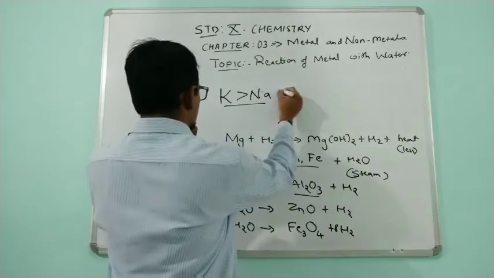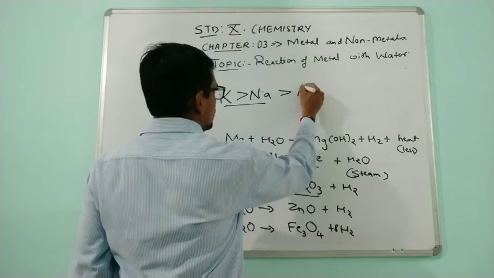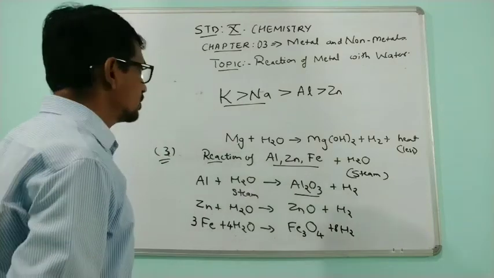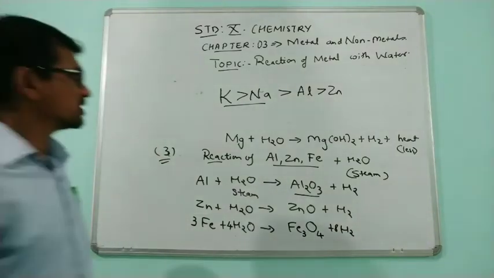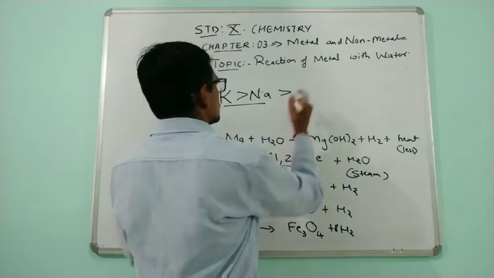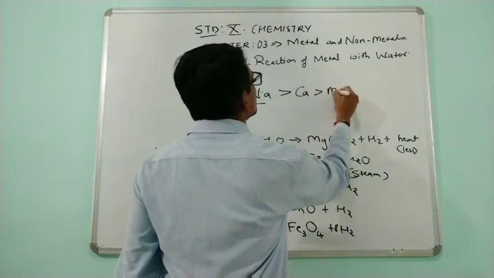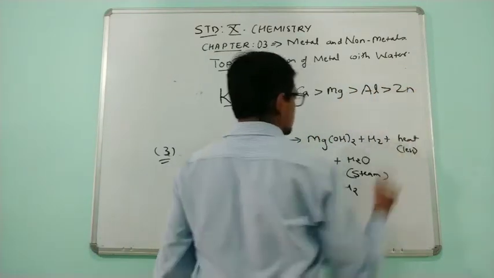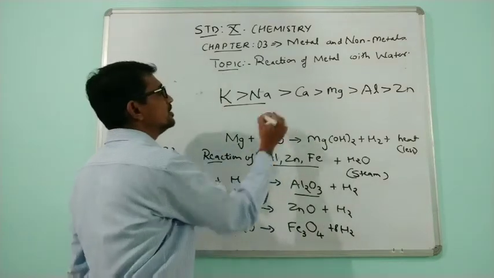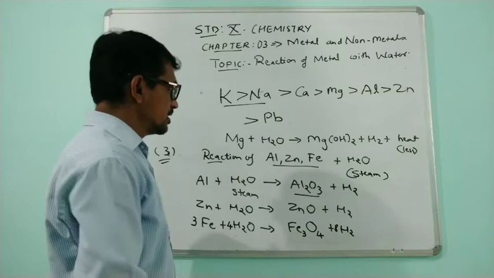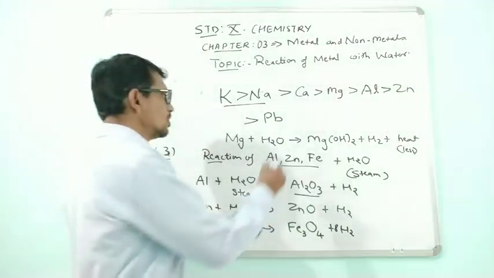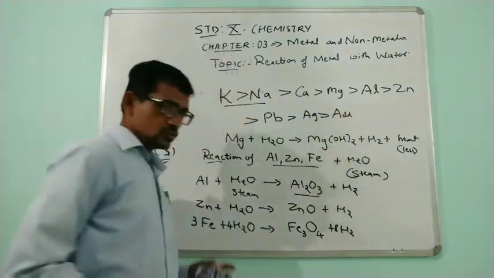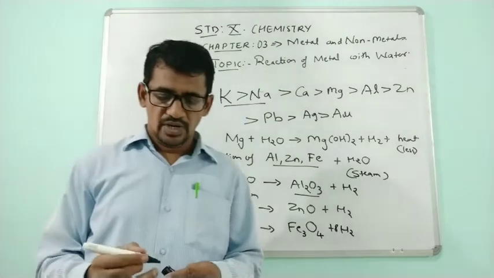Then comes calcium and magnesium, then aluminium and zinc, then lead, Pb, and then the inert metals, silver and then gold, Au. So this is the reactivity of metals with water.